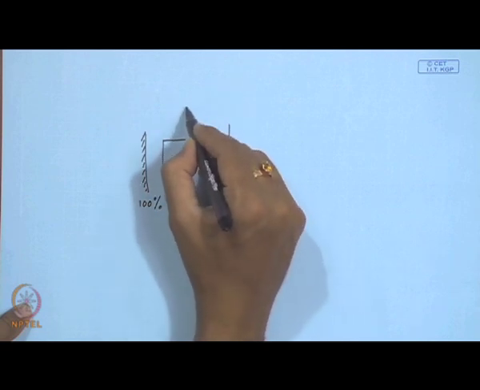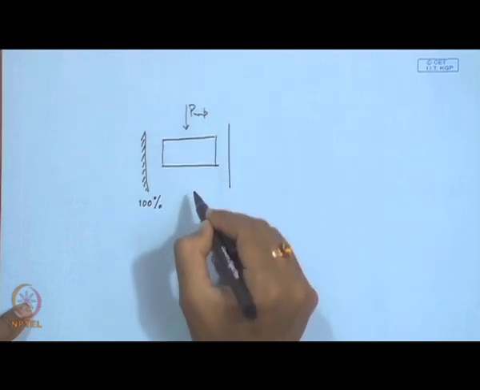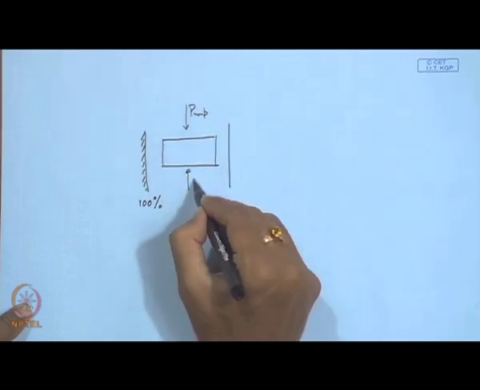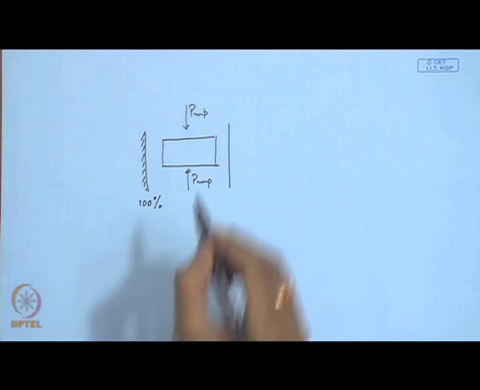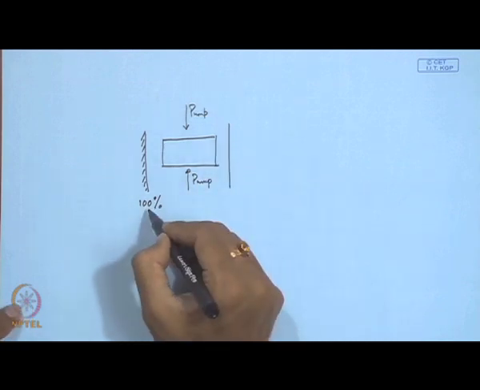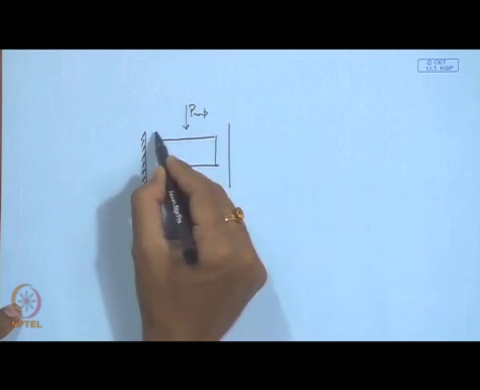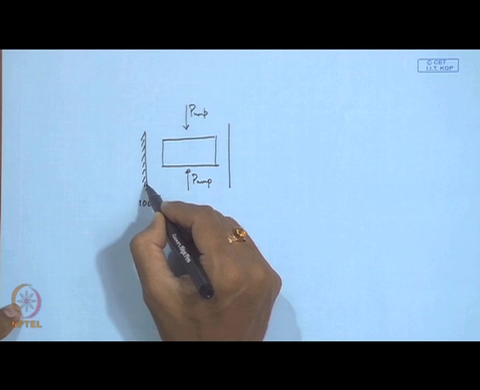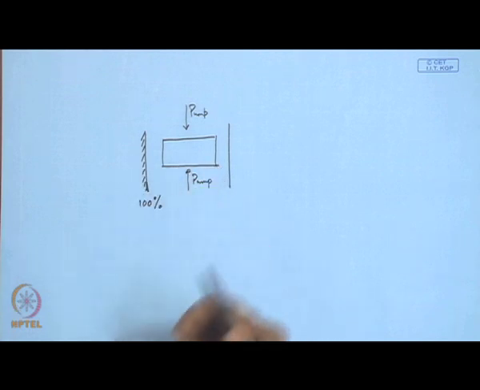You have pumping, pump energy, it may be optical, it may be electrical and so on. So, this is a 100% reflecting mirror, and these two mirrors need to be very parallel. If they fail to become parallel, then you will not be having lasing.